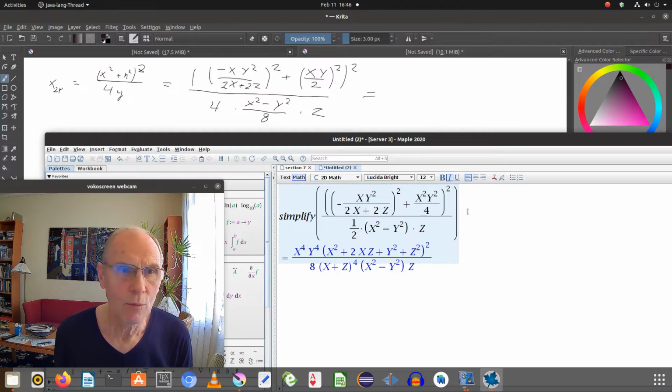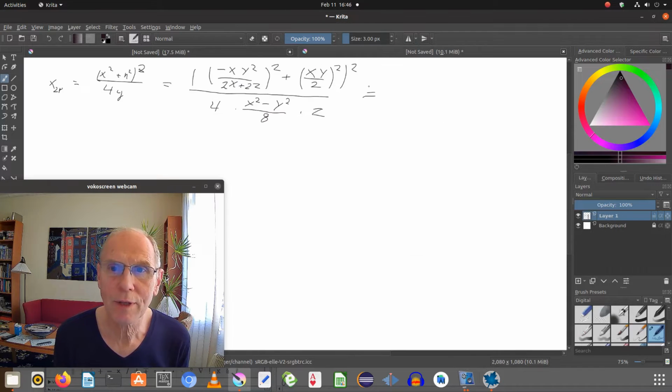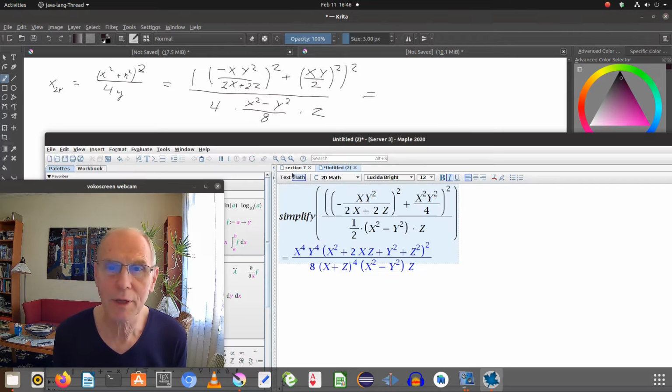Well, we have to show that it equals the other point, by the way, so maybe everything's not lost. And that point is on the other Maple screen.